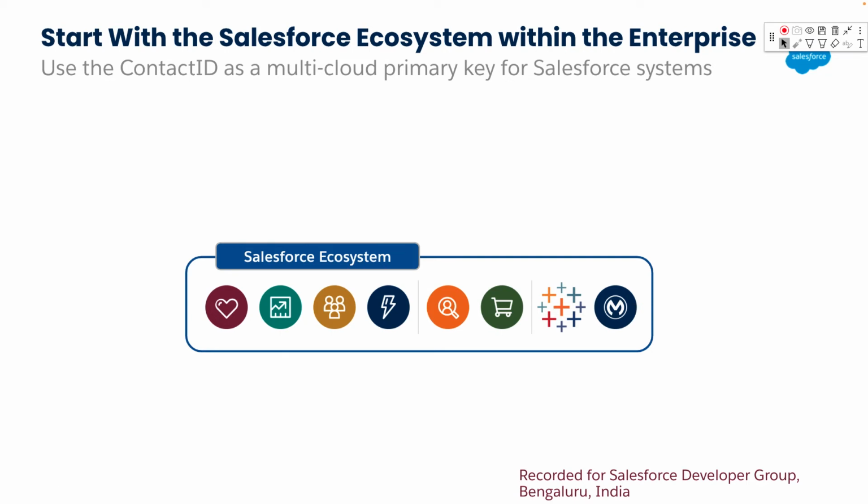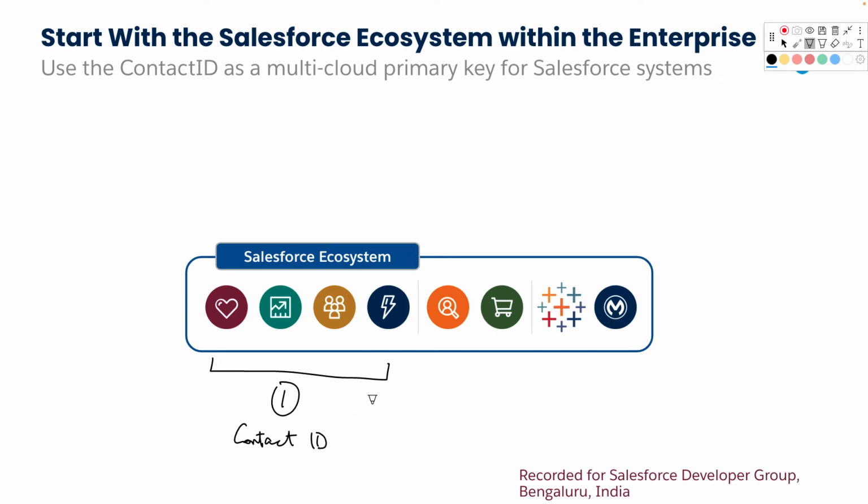So just as we have just seen, this Salesforce contact ID will be the cross-cloud primary key for the customer data, representing the whole of the Salesforce suite. So it's going to be the contact ID from the Salesforce side which is the cross-cloud primary key.